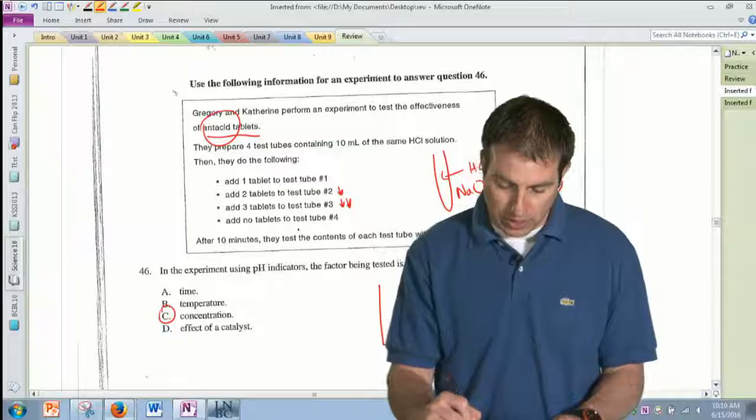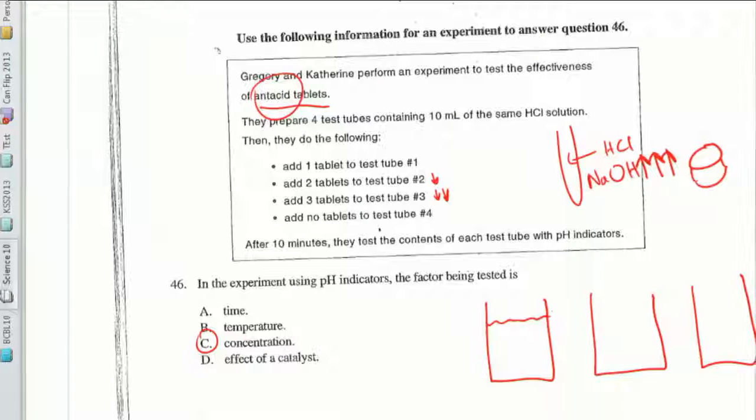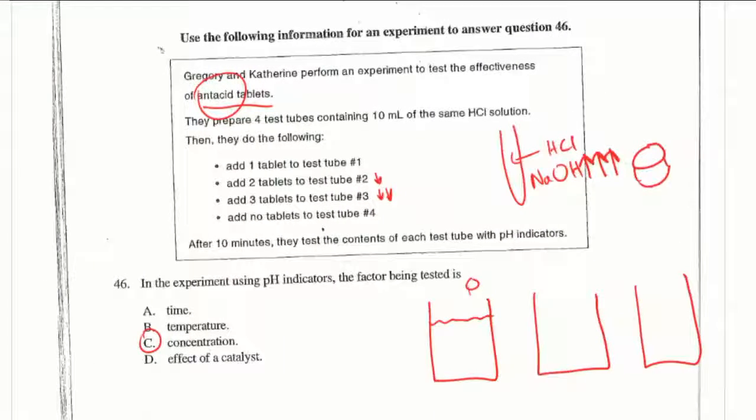Think about if I had a glass of iced tea, and in the first one I put maybe 1 little scoop in there. The second one, I had the same amount of water, which is kind of like the HCl in the question, but I put 2 scoops in there. And then the third one, I put 3 scoops in there.